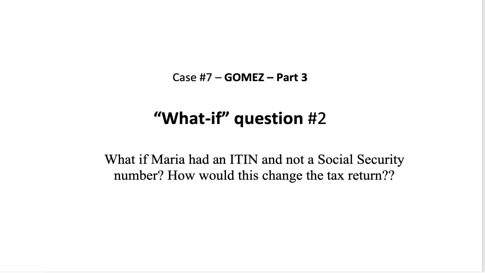So the Gomezes would have only received $2,800 rather than $4,200 as part of their initial payment. They still would have gotten the $1,400 for the baby. TaxSlayer handles all of that. You just need to enter the information into the software, and it will decide based on whether there's an ITIN or not. And an ITIN, I forgot to mention, looks like a Social Security number, but starts with a 9.